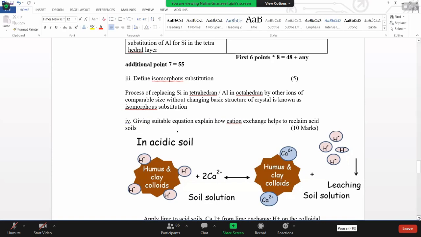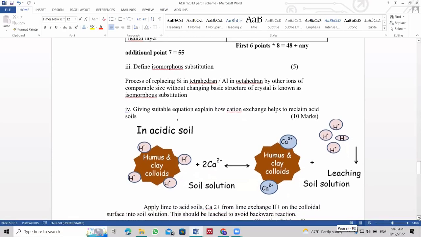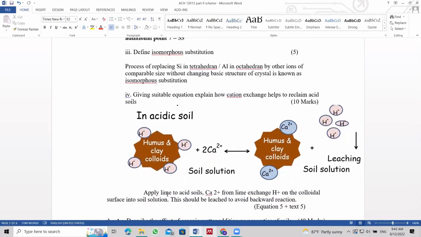So if you draw this diagram, that is enough. Apply lime to acid soil, calcium from the lime exchanges the hydrogen, and this hydrogen should be leached. Okay, so for the equation 5 marks, and for the text which you write here 5 marks, total 10 marks.